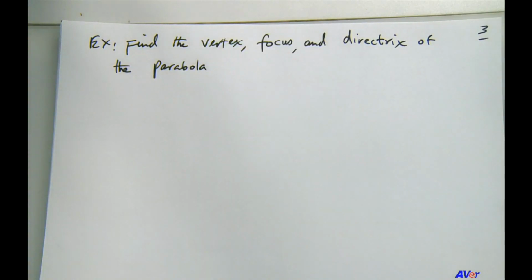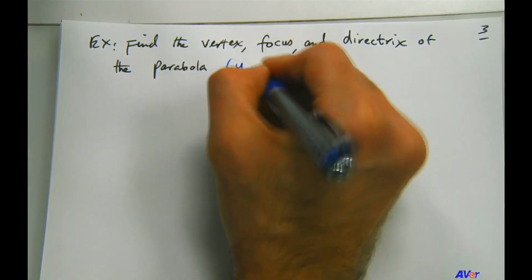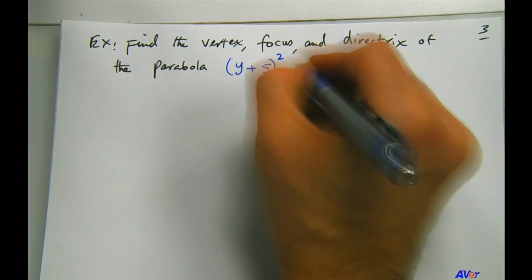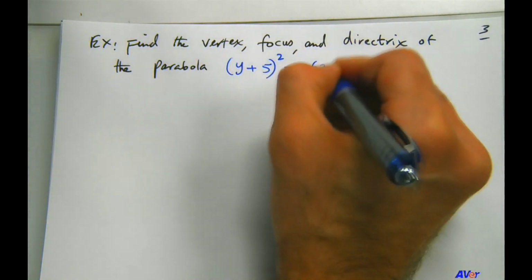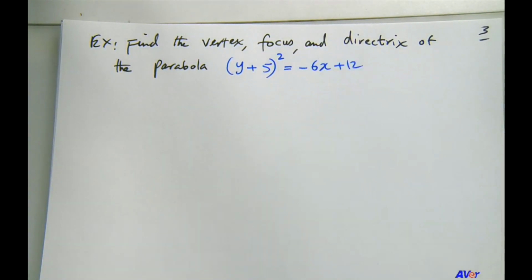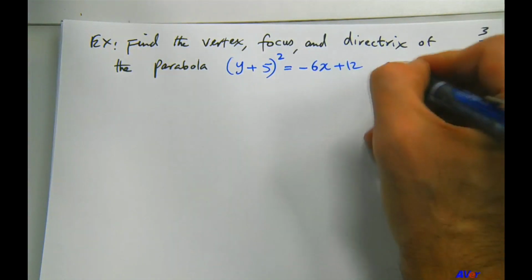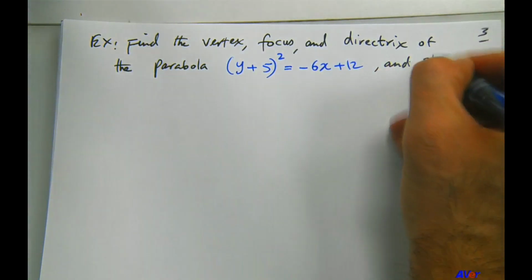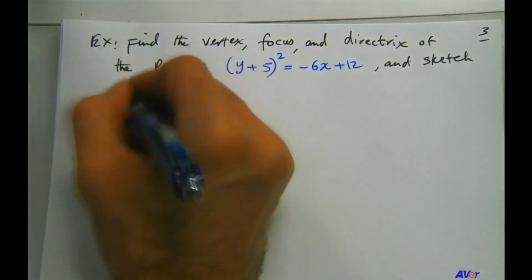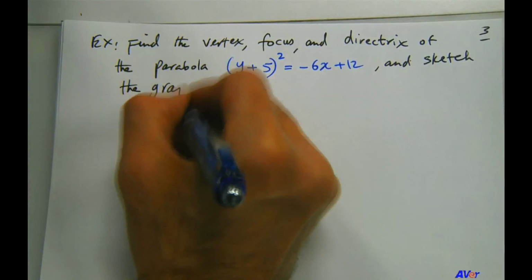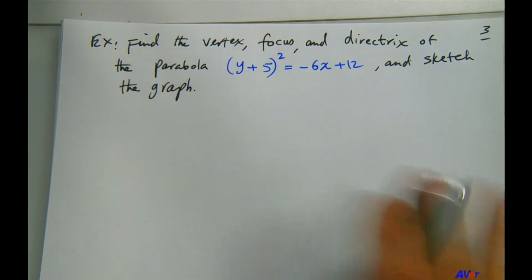Of this parabola, here's the information we are given. (y plus 5) squared equals -6 times (x minus 2). And of course, they're asking us to sketch the graph.